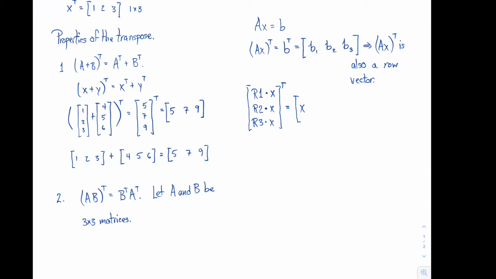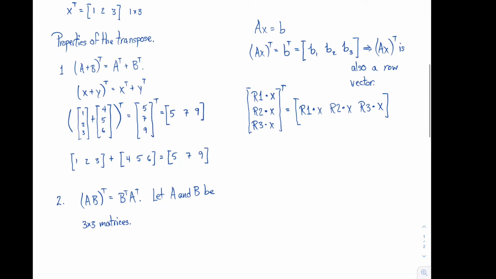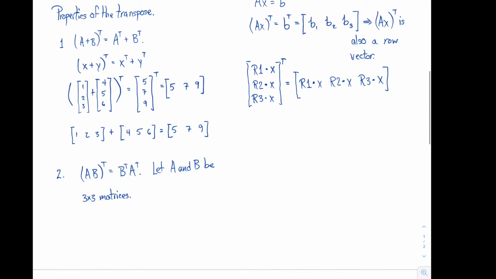Okay. Now let's transpose it. What do we get? Well, I don't need to switch anything, we'll just be right with what we've got. This is still going to be row 1 dotted with X, row 2 dotted with X, and row 3 dotted with X. Now let's do something here.